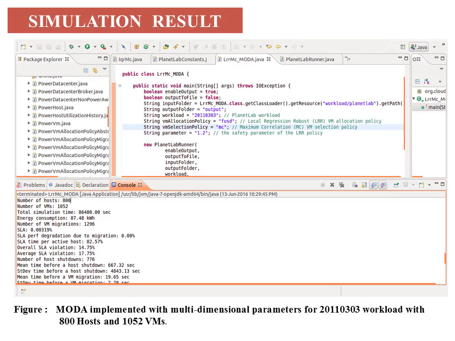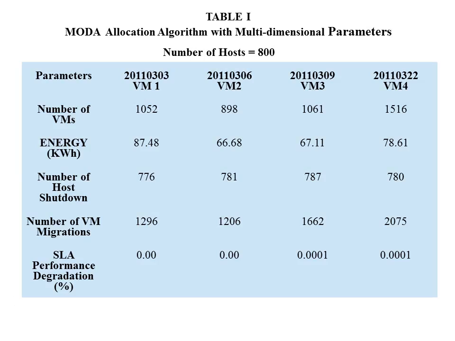We find that the energy consumption, as you can see, is 87.48 kilowatt hours, which is much less than the already existing LRR and IQR methods. As you can see from the table, the number of hosts is specified with different parameters being varied, and our algorithm outperforms the existing LRR and IQR techniques.